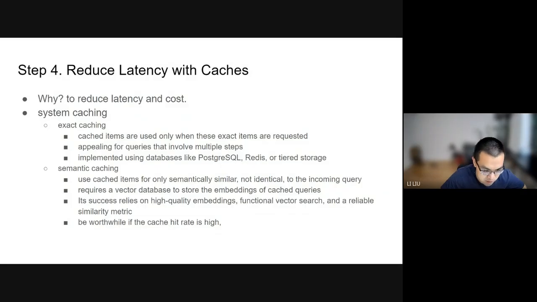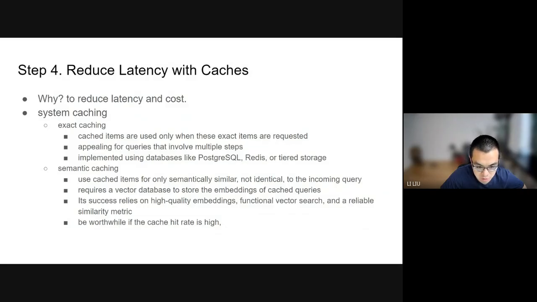The next one is semantic caching. In traditional software engineering, when we're thinking of caching, it's more about retrieving some search result, and usually it's exact caching. But in this case, a lot of the time it's more human language, where another request might not be exactly the same as the previous request, but could be semantically the same. That's when semantic caching could be a method, where it will have a vector database to store the embeddings of the cached result.